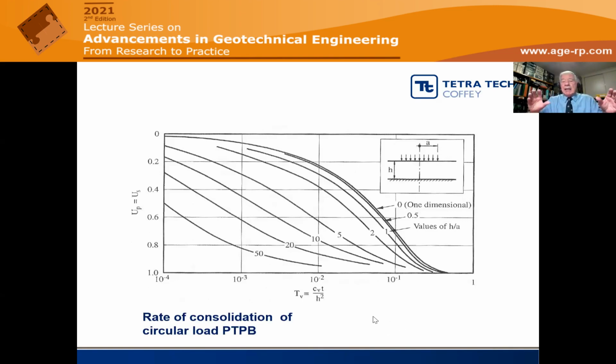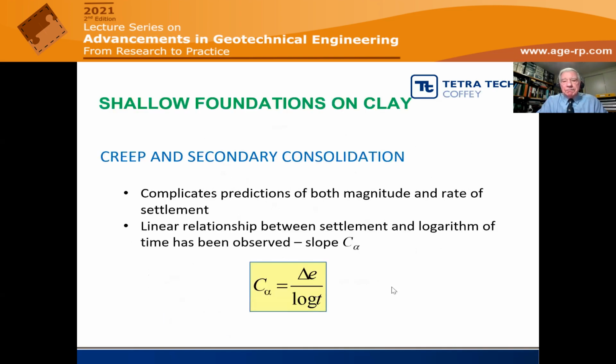Three-dimensional consolidation is important because it accelerates the rate of consolidation, which is often a benefit to us. In terms of creep and secondary consolidation, this is a complication, but it's something that we need to recognize.